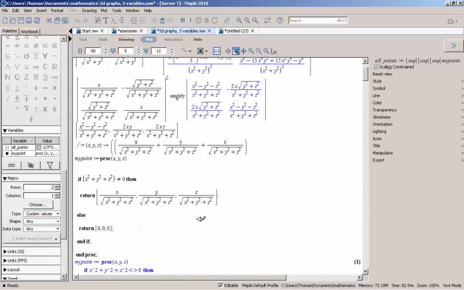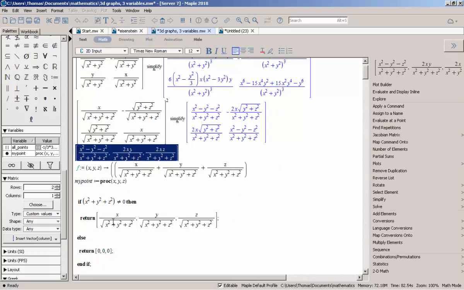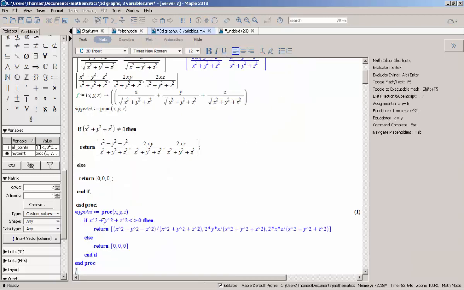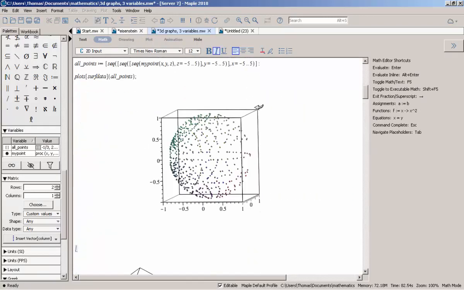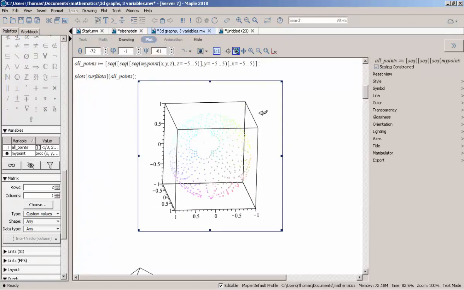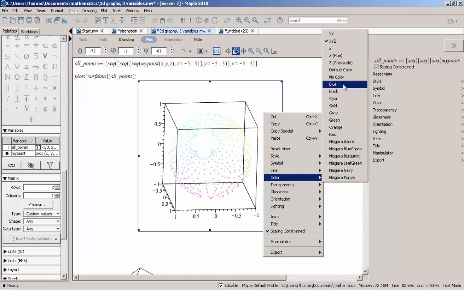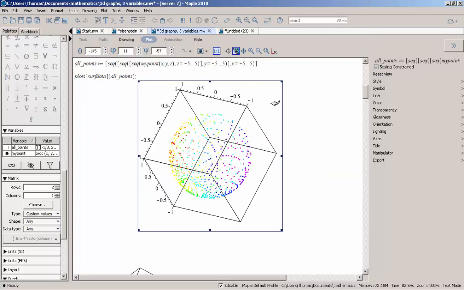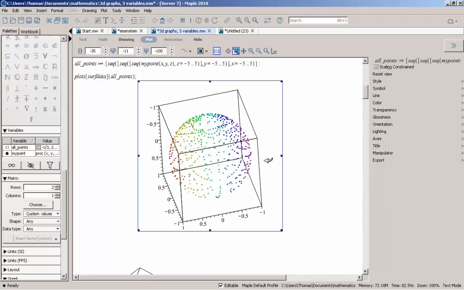Anyway, why don't we look at some more interesting functions like this right here. This is a Smith something or other. I don't know what it's called. A Smith graph.